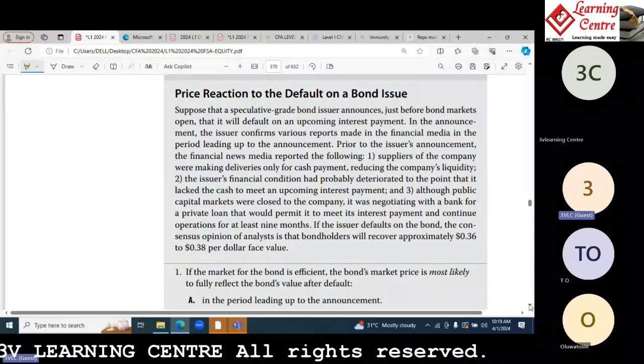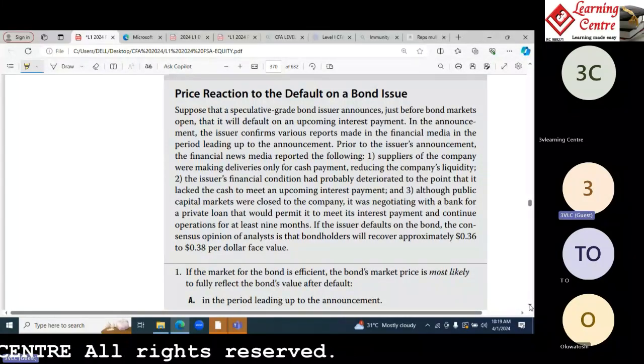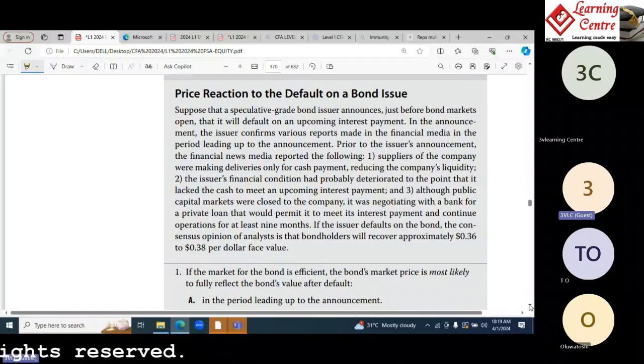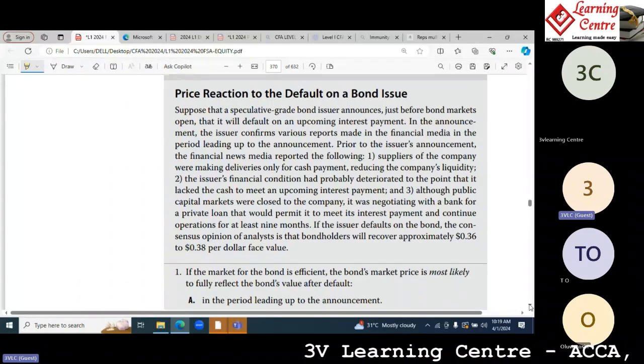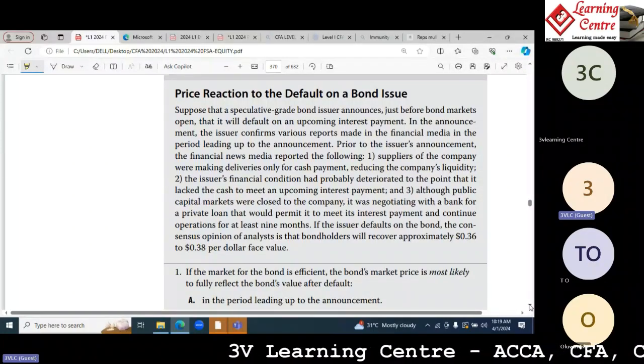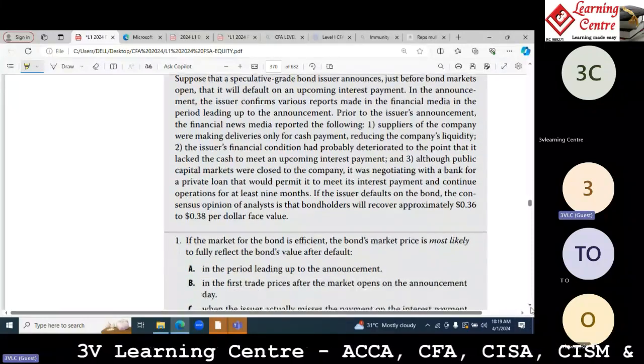Although public capital markets were closed to the company, it was negotiating with the bank for a private loan that would permit it to meet its interest payments and continue operations for at least 9 months. If the issuer defaults on the bond, the consensus opinion of analysts is that the bondholders will recover approximately 36 cents to 38 cents per dollar face value. They lost a lot of money.